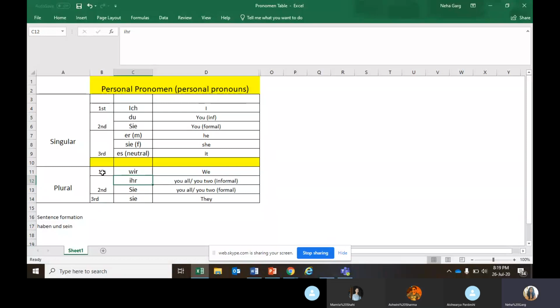So once I'm writing to second person plural form, if I'm saying it in an informal way, that would be ihr. If I'm speaking it in a formal way, it would be Sie again. Like for singular also, formal way we were using Sie. Then again, for plural also, second person, we were using Sie with capital S. So Sie, whenever we have to use a formal way, be it for a second person or a third person, would be Sie with capital S.